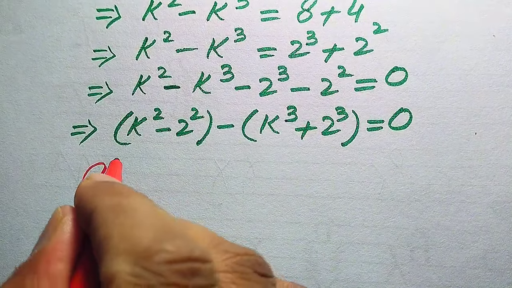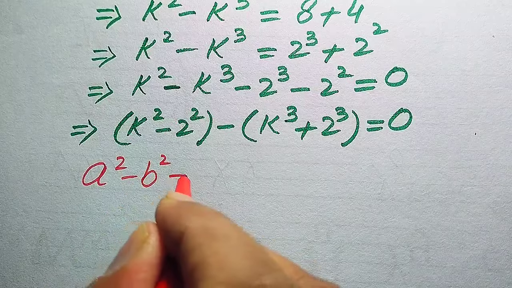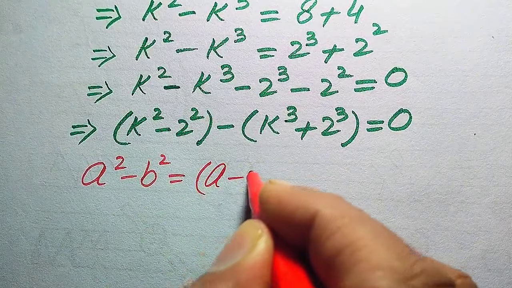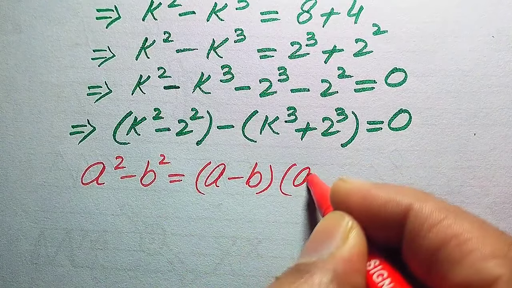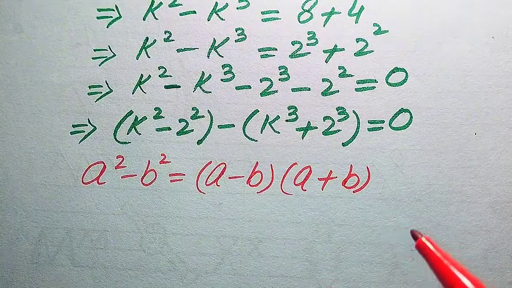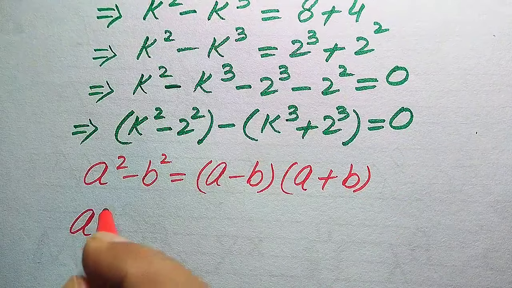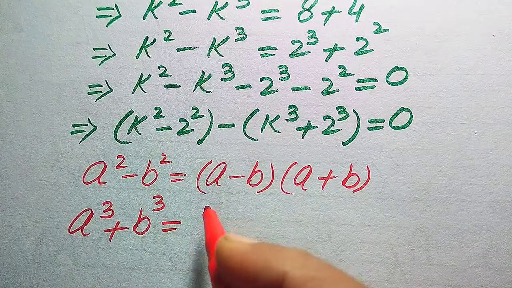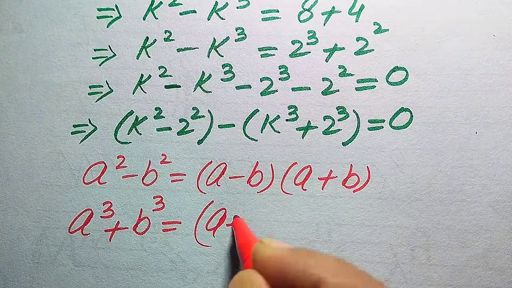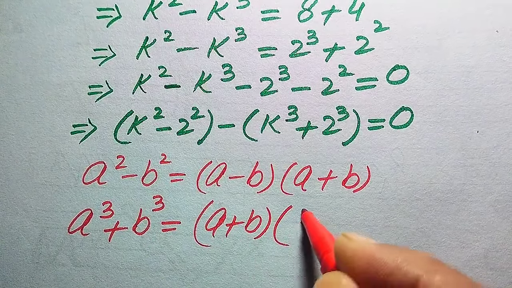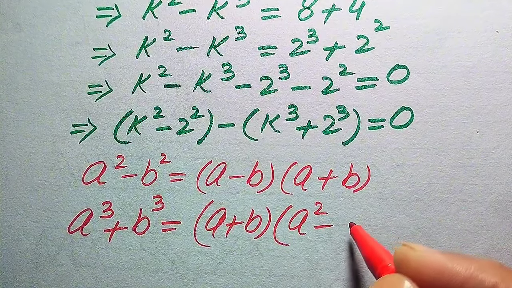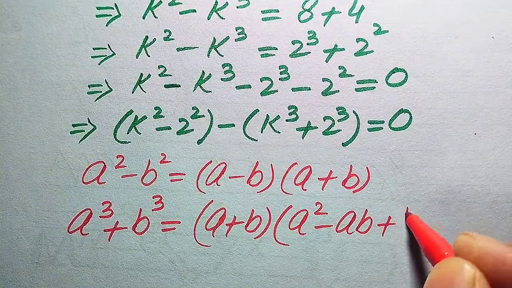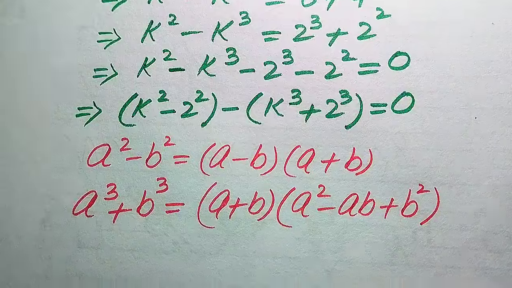If we have a square minus b square, it is equal to a minus b times a plus b. And the second is the cubic formula: a cubed plus b cubed is equal to a plus b times a square minus ab plus b square.